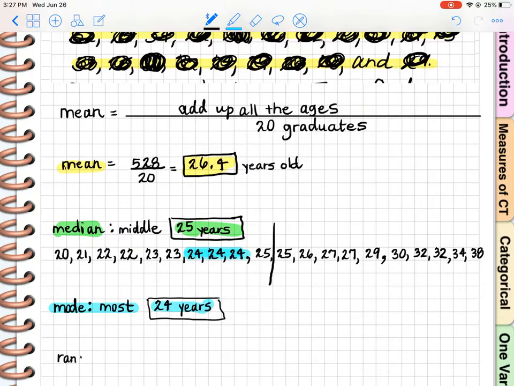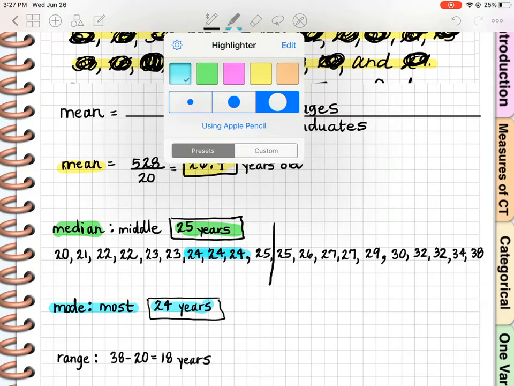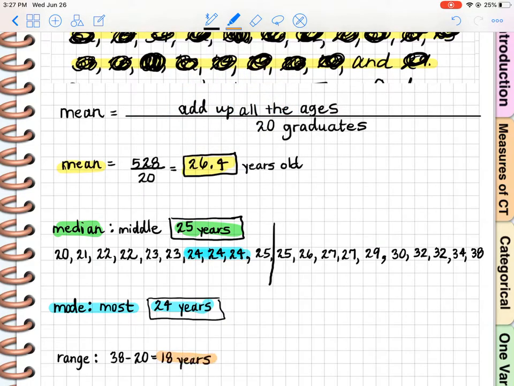Range. This is my favorite because all I have to do is take the maximum minus the minimum, and I get a range of 18 years. So this group is diverse. Everybody's not just like everybody else.